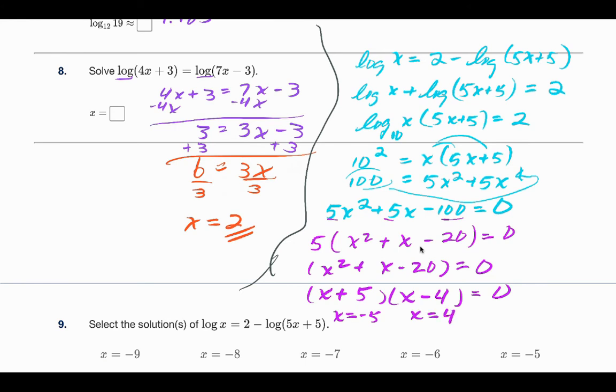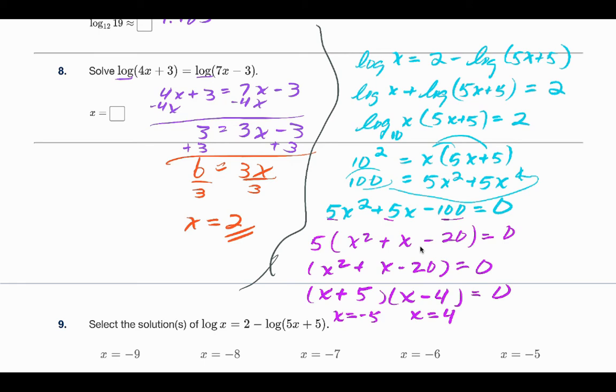All right? But now, since we had the logs here, we know that this log has to be greater than 0. Again, if we plugged it in on either one of these, we would see that the one that will not work is the one that is negative.